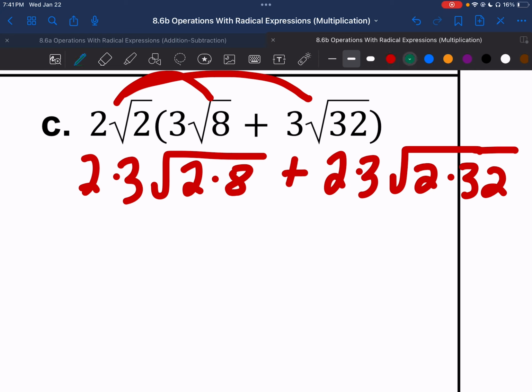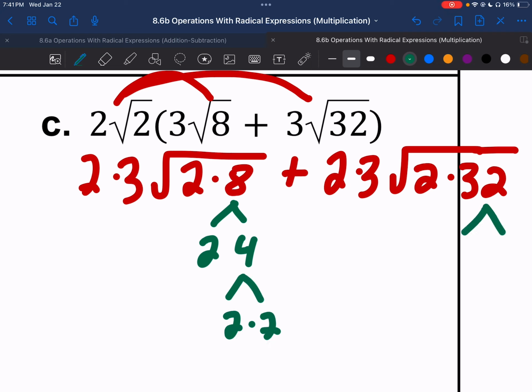Break it into our factors. We've got a 2 and a 4. We've got a 2 and a 2. 32 breaks into, well, that's going to be a 2 and a 16. And 16 is 4 and 4.